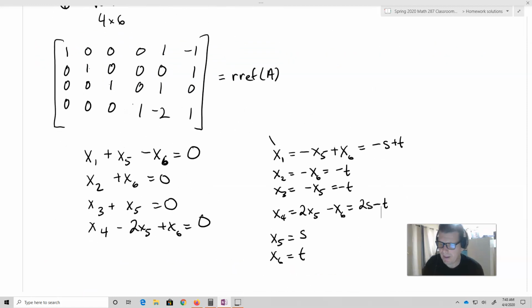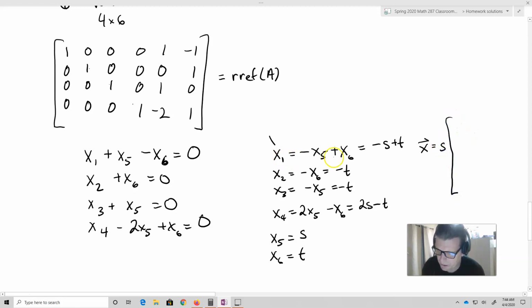If I want to write it as a vector, I'll let it be x. Then I'm going to line up all my s's. So this first one is s, that's going to be my scalar. In the x1 term, I have a negative 1s. Then in x2, I have no s's. In x3, excuse me, this was wrong, it's not negative t, it should be negative s. In x3, I have negative 1s.